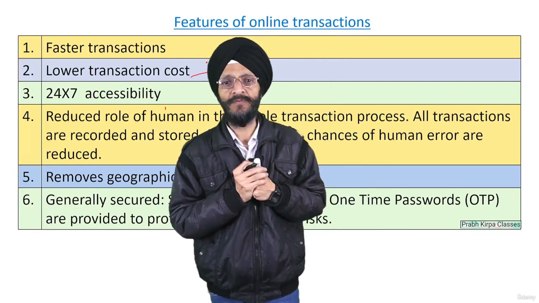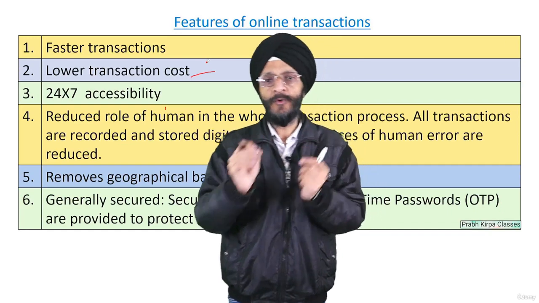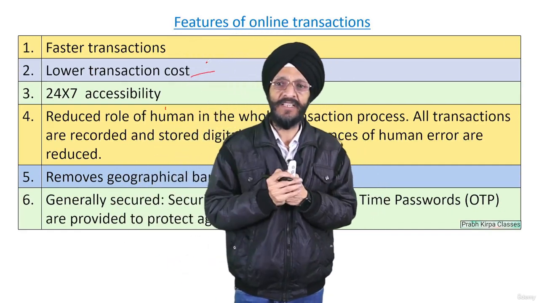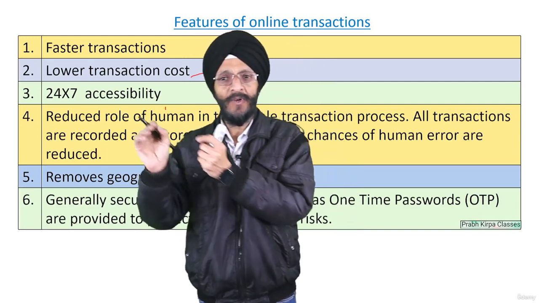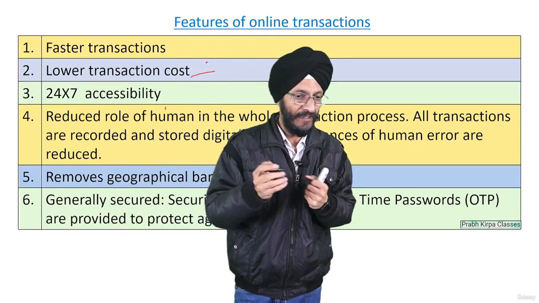But in the case of online transaction, you are to use your own mobile or laptop having internet connection and your bank account linked to that, and you can make the payment online.